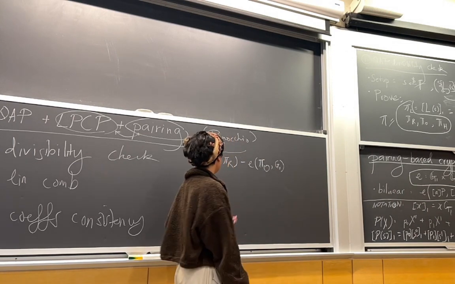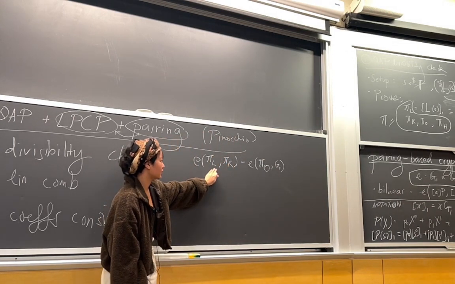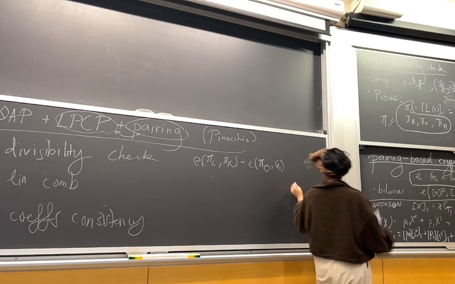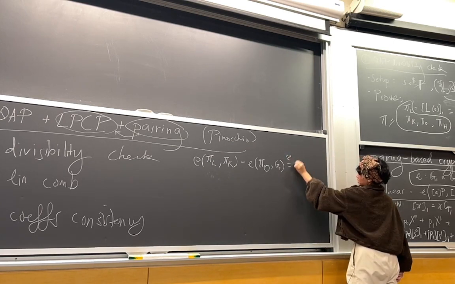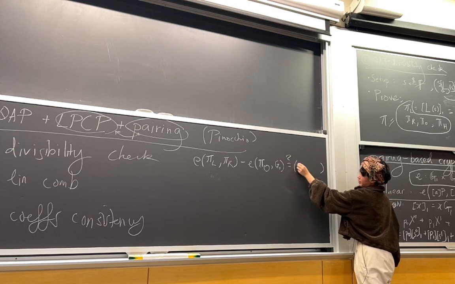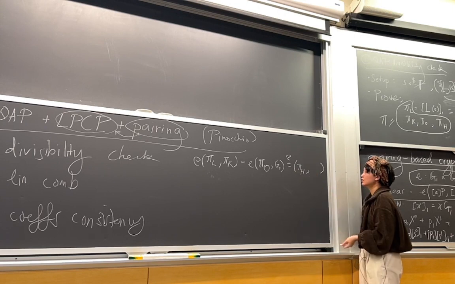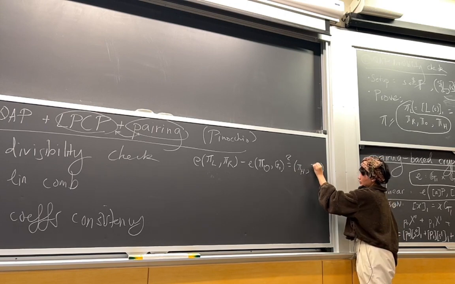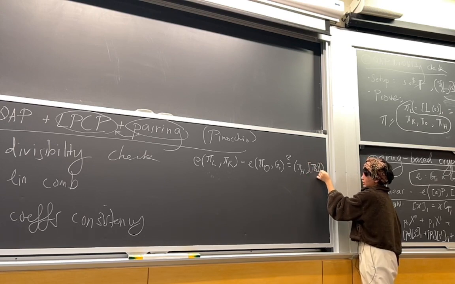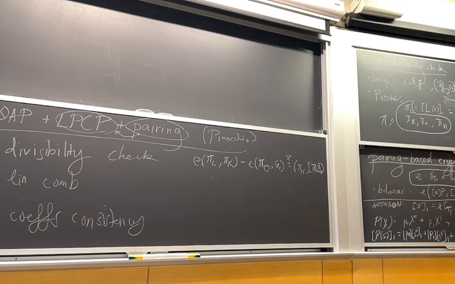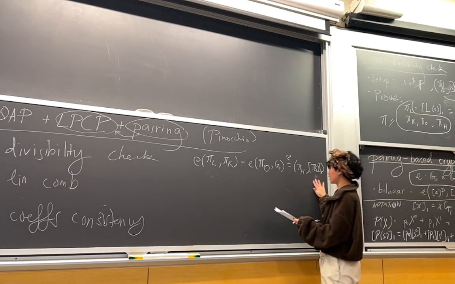Now, on the left-hand side of the pairing check, we have this. This should look suspiciously familiar. And on the right-hand side, we're checking the pi h that you gave us for your supposed quotient polynomial, and we're using the commitment to the evaluation of the vanishing polynomial. We got this from our trusted setup over here. This is a publicly known group element.